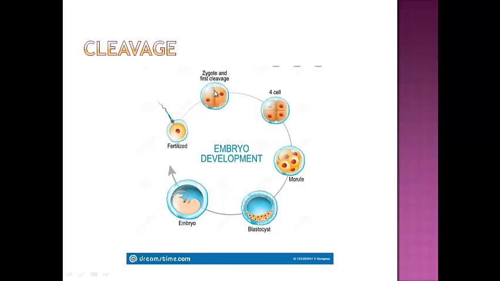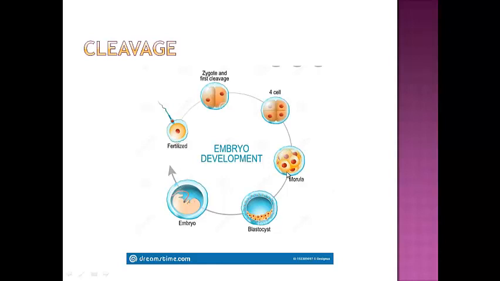The first cleavage gives me 2 daughter cells, and then each of these is going to undergo another division, so I automatically end up with 4 cells. Then the 4 cells will give me 8, and then the 8 will give me 16. Each time I have a cellular division, I end up doubling the number of cells that I have.